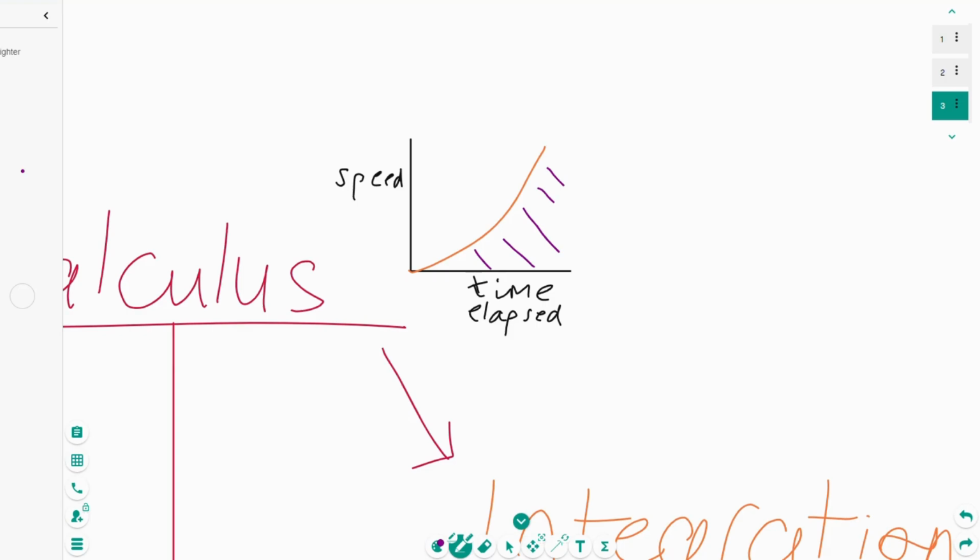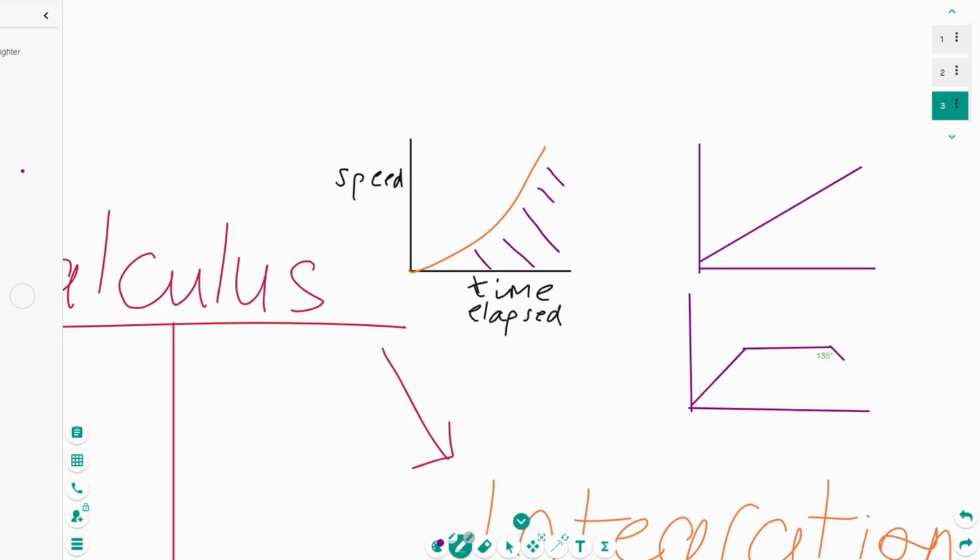But we don't know how to find the area under a curve. Till now, we've just learned how to find the area under a graph that is a straight line or has visible edges. So we know how to find the area under the curve for this graph. We know how to find the area under the curve for this graph.